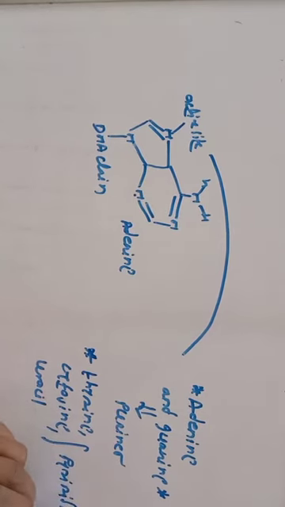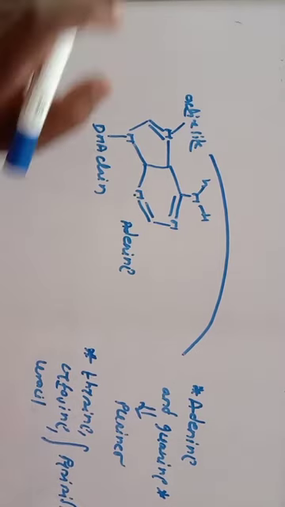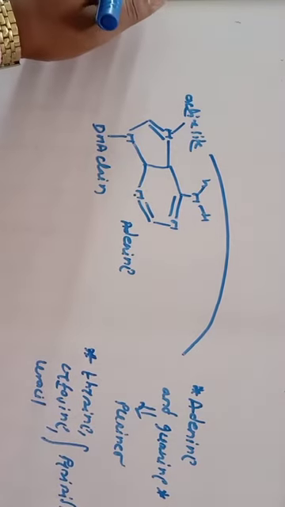So you should remember, whenever you consider a DNA molecule, it is made up of nitrogen bases such as purines and pyrimidines. The purines are adenine and guanine, generally containing a six-membered and a five-membered ring. And the pyrimidines are thymine, cytosine, uracil, which have a nitrogen-containing six-membered ring.